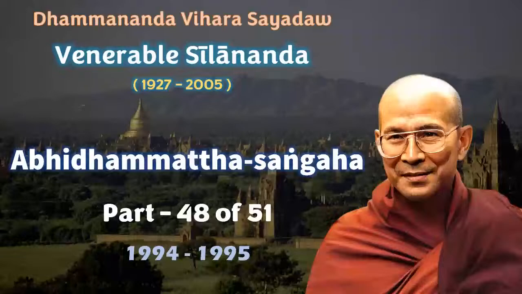And such terms as house, chariot, cart and the like, so named on account of the mode of formation of materials. So that is another paññatti. And this paññatti is called what? Samuha paññatti. Samuha means collection.